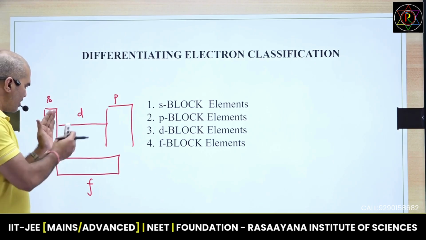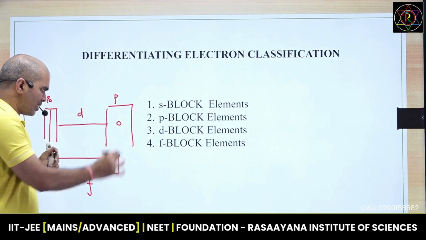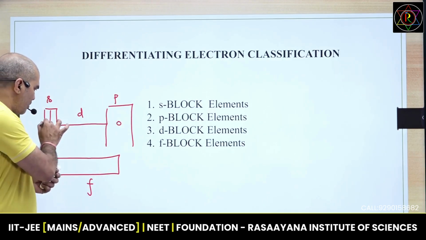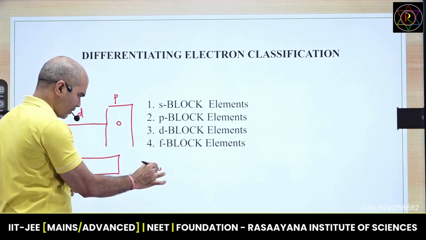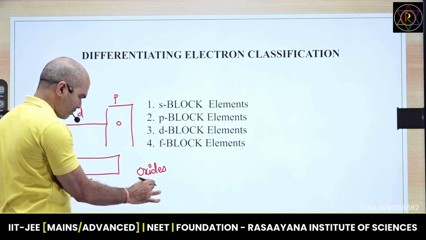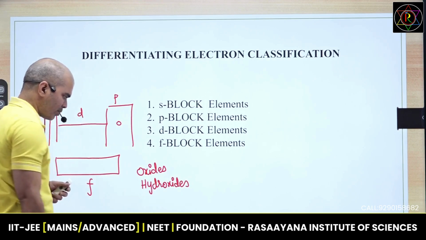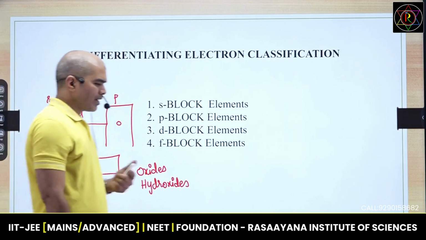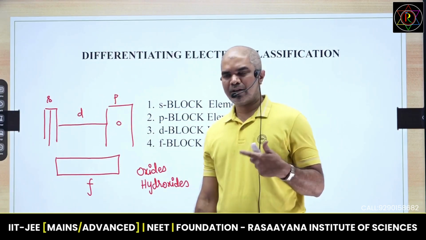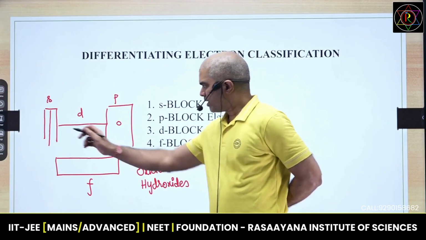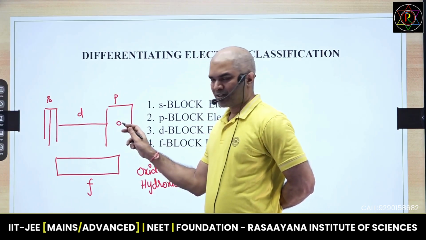Okay. Now these are on the left hand, and on the right hand, if I take oxygen, these elements can form oxides. They also form hydroxides. When we go to the physical properties and chemical properties, to the trends like electron affinity, electronegativity and so on, we see that when they combine with oxygen, the electronegativity difference will be large.